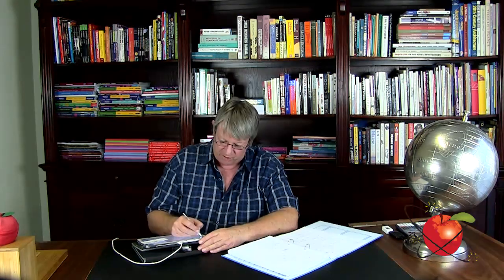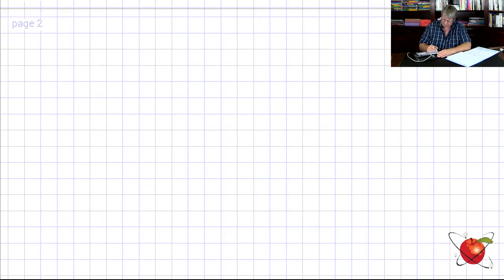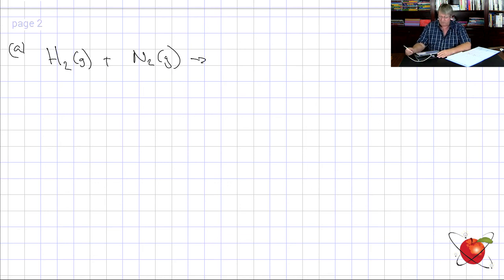Let's have a look. First of all, hydrogen gas, nitrogen gas, and they show states where applicable. I have given the states there. This is question A. They want us to say, hydrogen gas plus nitrogen gas forms ammonia gas, NH3 gas.